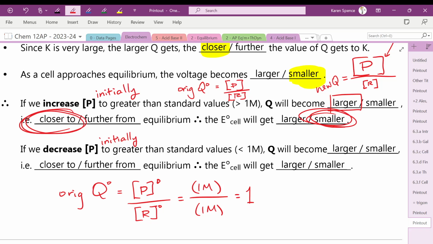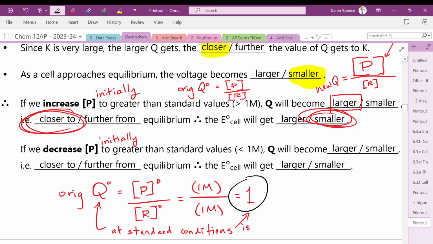So you're going to have maybe 1 times 1 over 1, or 1 over 1 times 1, or 1 over 1. So Q at standard conditions is 1.